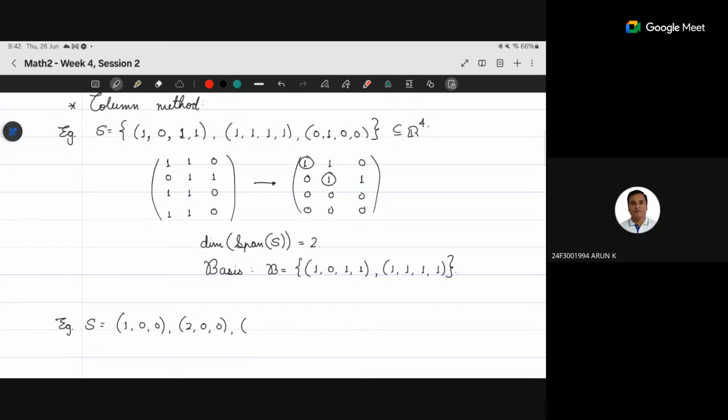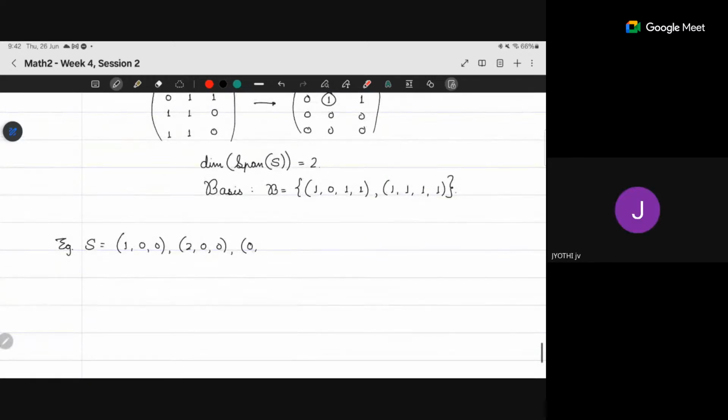In the row method, we directly took those rows as the basis. Here we are considering the set based on the pivots. We are looking at the column number which contains the pivots, and then looking at the corresponding vectors in the original set. Can we do that in the row method as well?